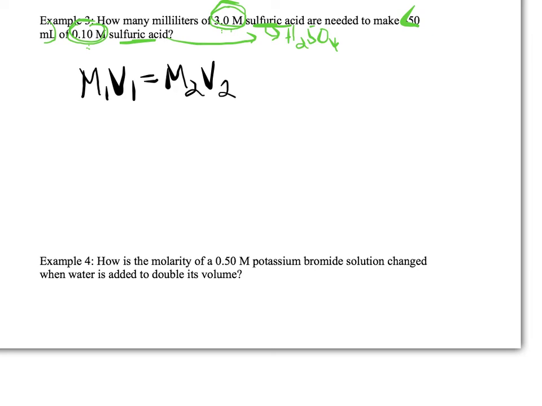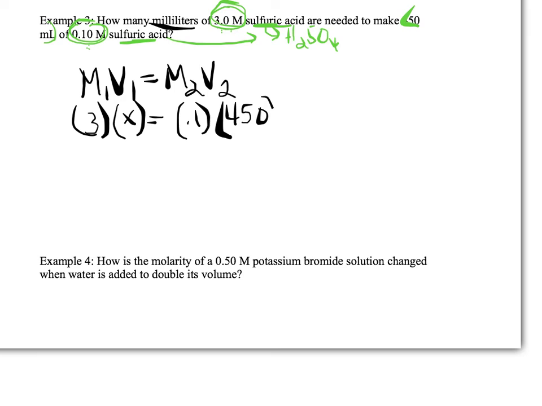Now we just got to plug in our values. Well, the molarity of the stock solution is 3 molar. The volume of the stock solution, I don't know. I'm trying to figure out how much of it I need, how many milliliters. The molarity of the ending solution is 0.1, and the final volume of the new solution is going to be 450 milliliters. Now you might be thinking, Mr. Shar, why didn't you convert to liters?